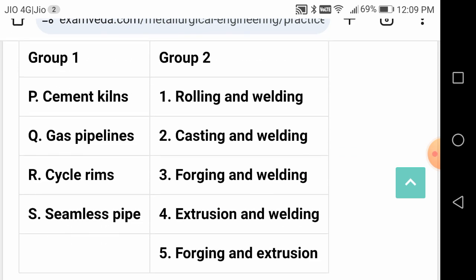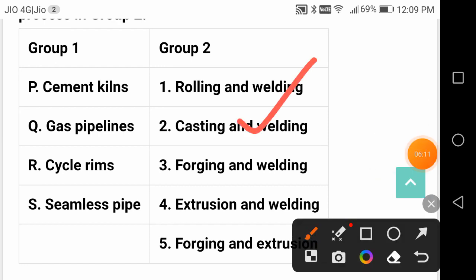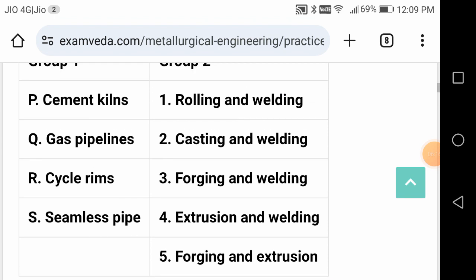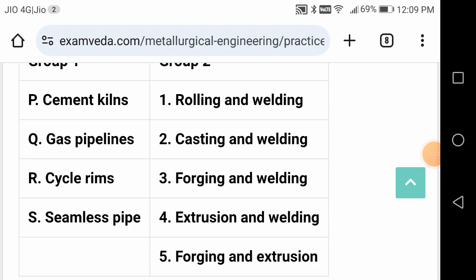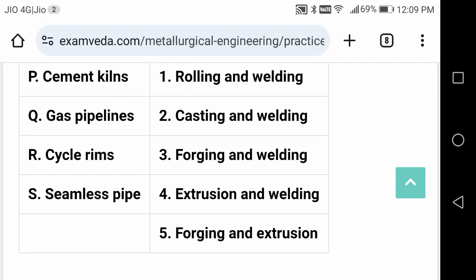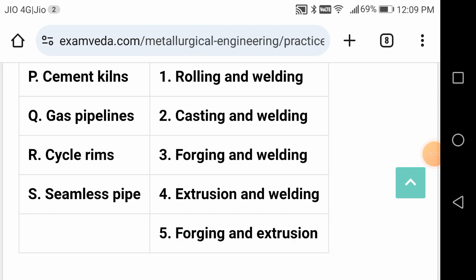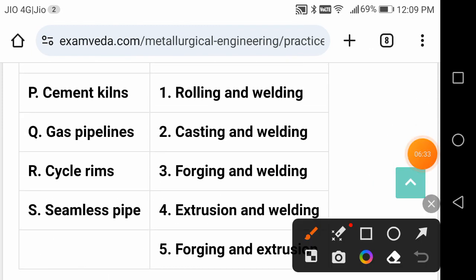P2 cement kilns, casting and welding. Then Q4 gas pipelines, extrusion and welding. R5 cycle rims, forging and extrusion. And S1 seamless pipes, rolling and welding.